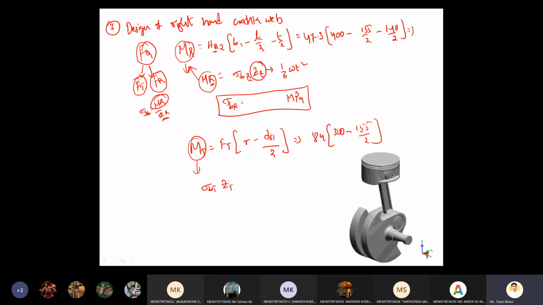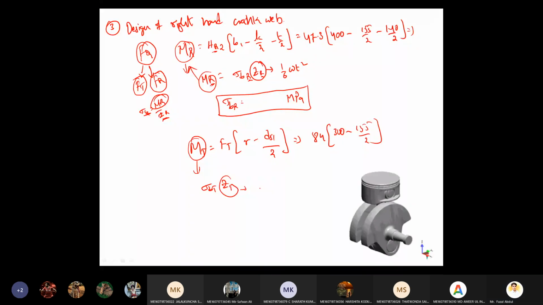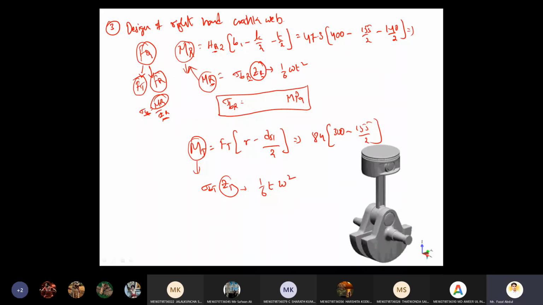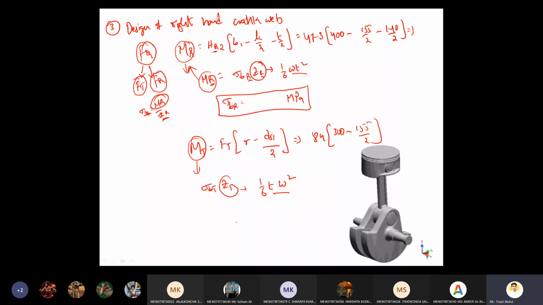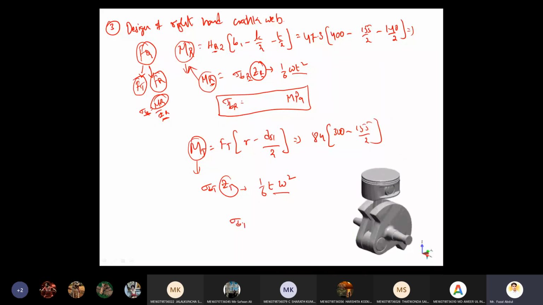Now the section modulus for the tangential is 1 by 6 into T into W square. It means here W into T square, here T into W square, that is what changes. Now with this equation we get sigma bt value in megapascal.